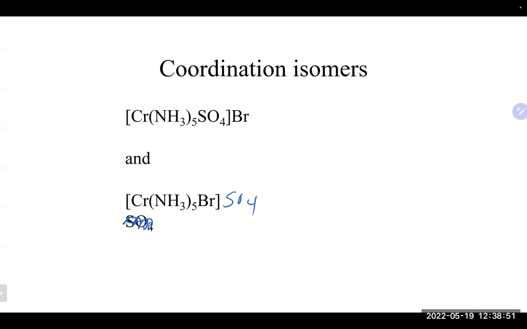The difference between the top one and the bottom one is that the sulfate here is actually bound to the metal in the complex ion, and it is the bromine that's acting as the counter ion in this first instance. In the second instance, it is the bromine that is directly bound to the complex ion, and the sulfate is acting as a counter ion.